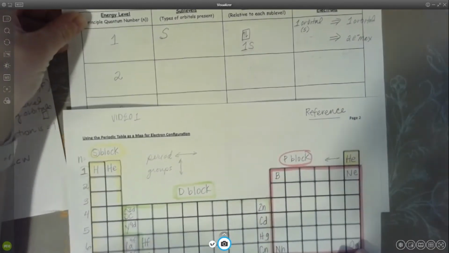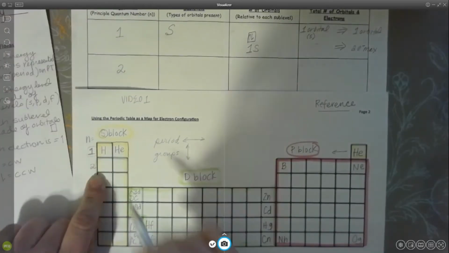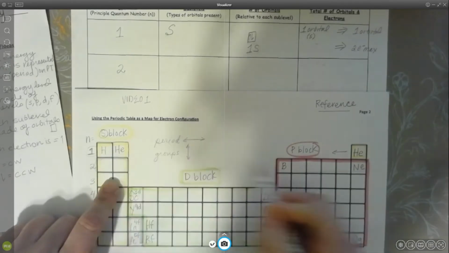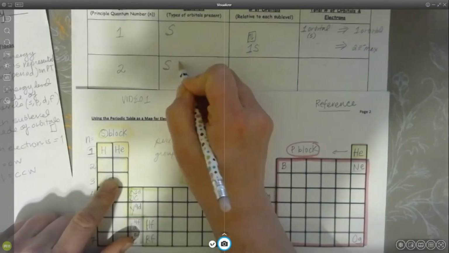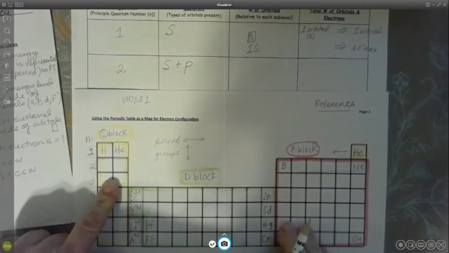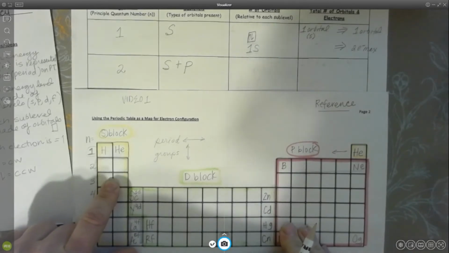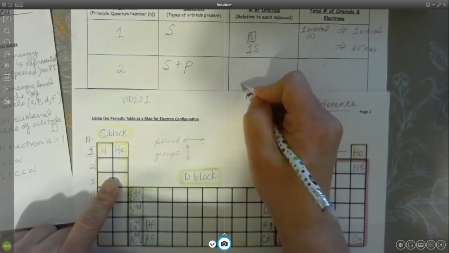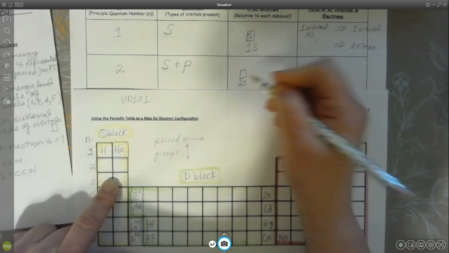Okay, for the second one, I'm going to look at the second period. So that has an S area and it has a P area. And so the sublevels are S and P. So with that, we're going to have the 2s, put my 1 orbital there.